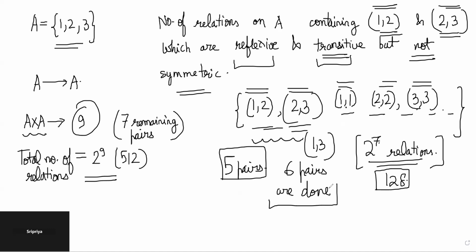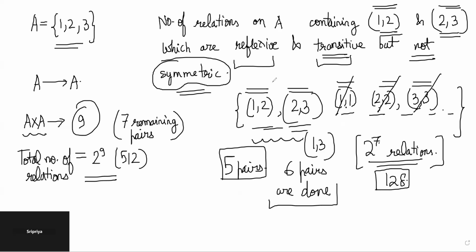We have to make sure that it is not symmetric. Not symmetric means that at least at some place, symmetry should not hold. So basically, we can't do anything about these, they are automatically symmetric themselves.